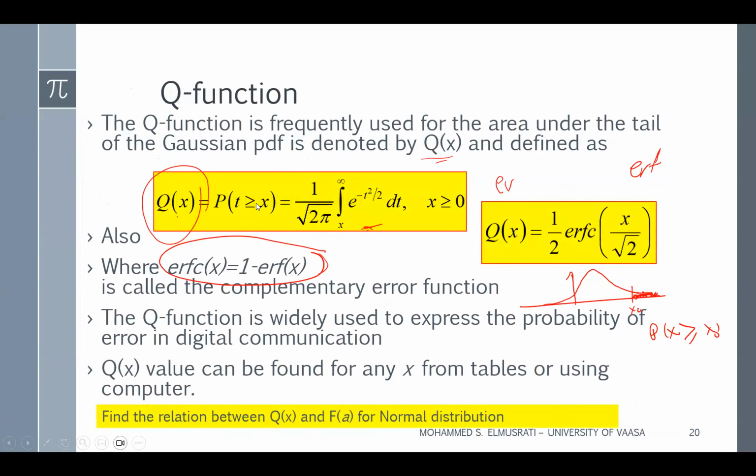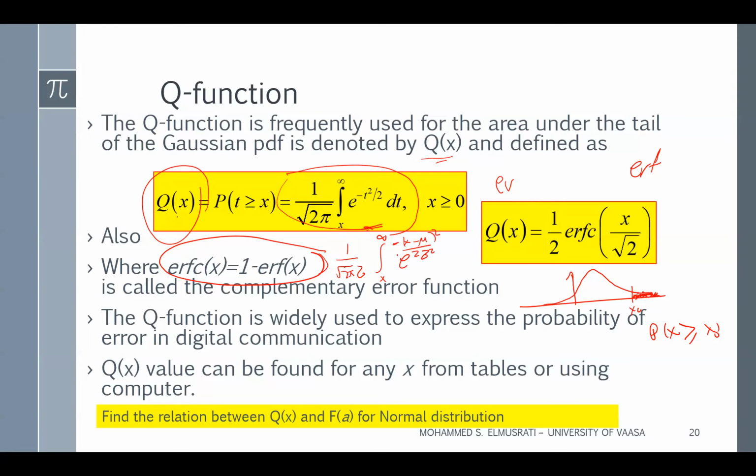The idea here is that we convert it to the standard form. Just to make sure that you understand what I mean, this is the standard form of the Q function. The general form of the normal distribution is 1 divided by square root of 2 pi times sigma, integration from x to infinity of e to the minus (x minus mu) squared divided by 2 sigma squared.